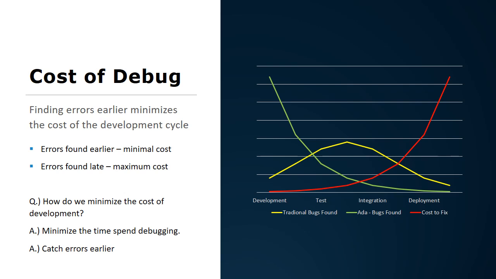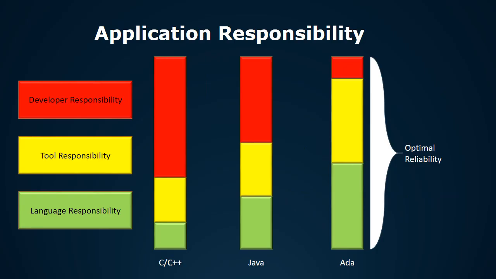We use the term front load to explain this graph. Ada developers spend more time designing their code when time is inexpensive and less time debugging their code when time is expensive. Elaborating further on the power of the Ada compiler, we can see in this graph how the responsibility of a program can be broken down.